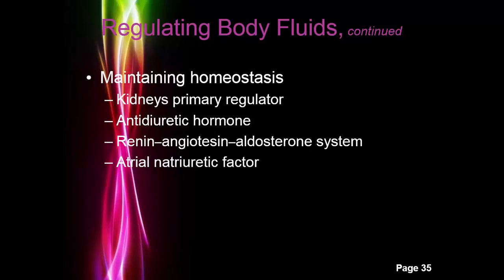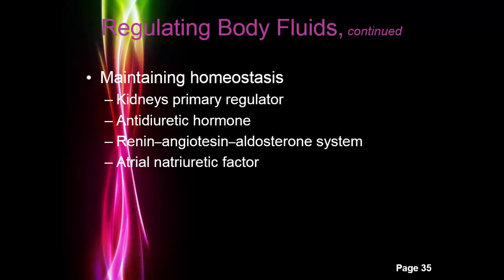renin-angiotensin-aldosterone system. So if blood flow or pressure to the kidneys is decreased, then renin is released, which ultimately promotes vasoconstriction and promotes sodium and water retention. The net effect of renin-angiotensin is to restore blood volume and renal perfusion through sodium and water retention.